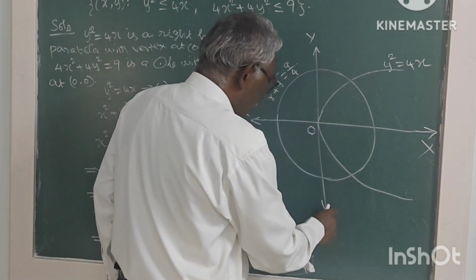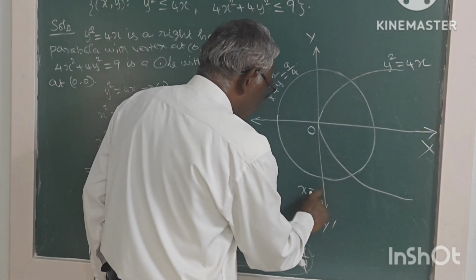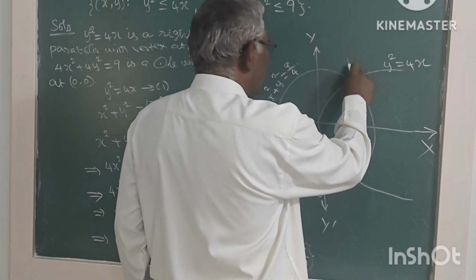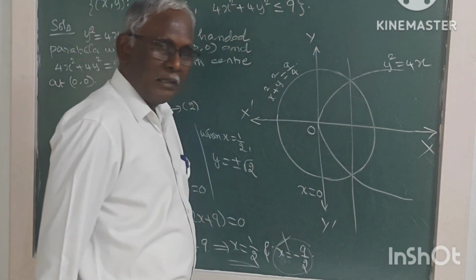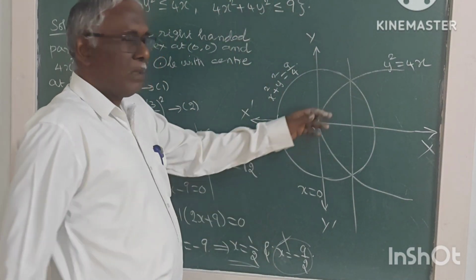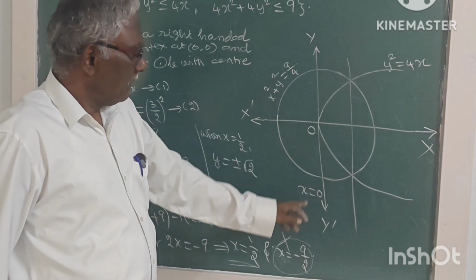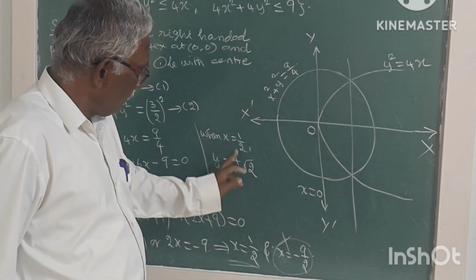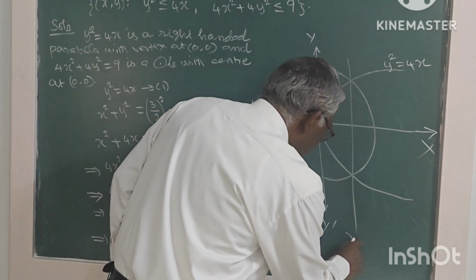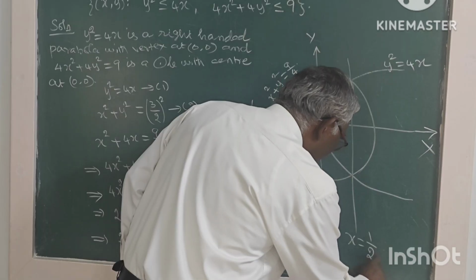So the equation of the y-axis is x = 0, and both parabola and circle intersect at x = 1/2, so the equation of this line is x = 1/2. The equation of the parabola is y² = 4x, so y = 2√x, and for the circle, y² = (9 - 4x²)/4 under root.